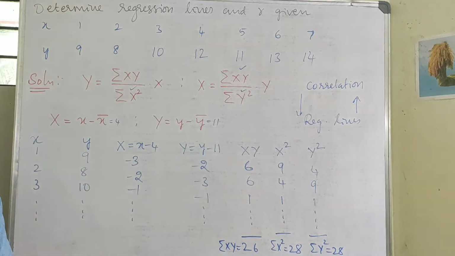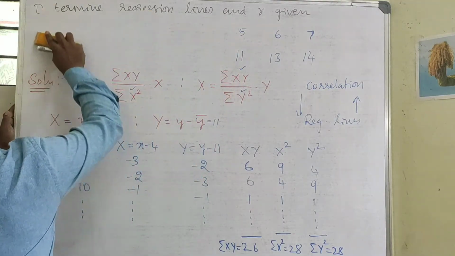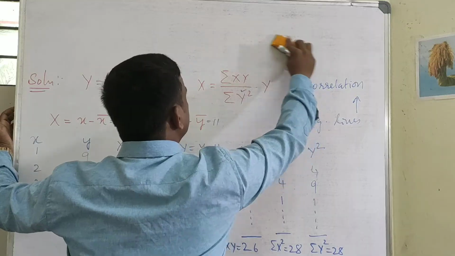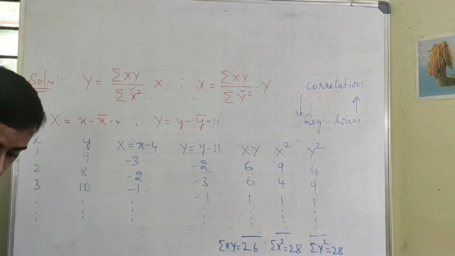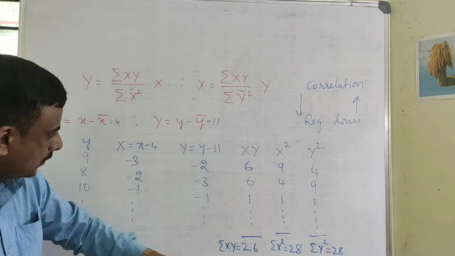These are the required values. Now I want to compute the regression lines, so I will substitute the values: the regression line of y on x and the regression line of x on y.